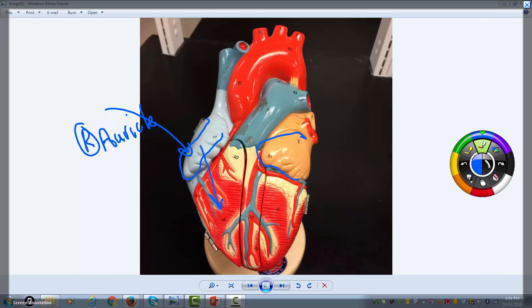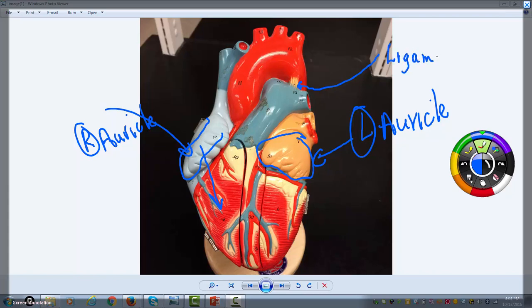Then you have the left auricle, and within that is the chamber called the left atrium. And the left atrium sends blood into the left ventricle. Just a quick note here, you can see there is a little structure here. That's called the ligamentum arteriosum.